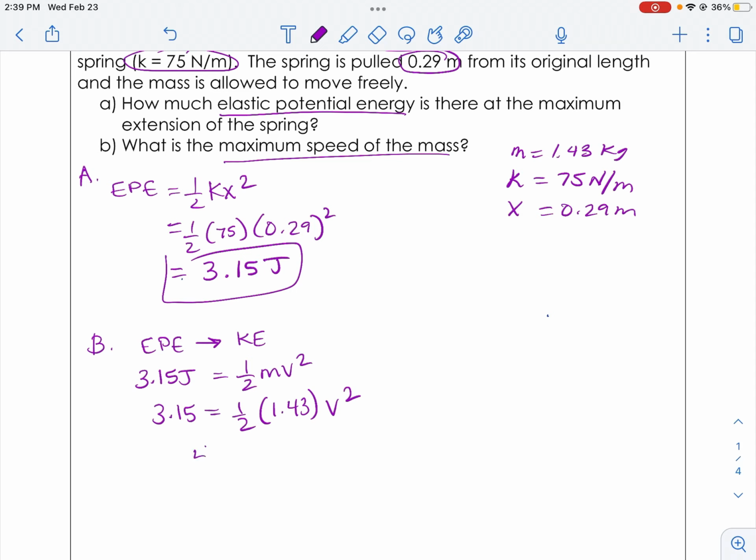So we get 4.41 equals v squared, so v is equal to 2.1 meters per second once we do the square root.